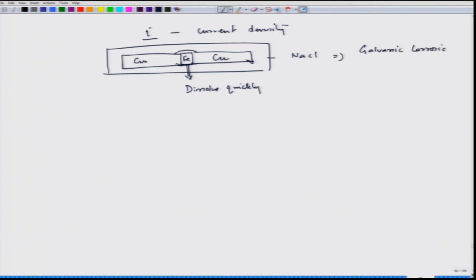And at that time we also considered the area effect. We analyzed that if we have a higher cathodic area in connection to a smaller anodic area, then the dissolution of the anodic area would be faster than in a situation where the anodic area is larger than the cathodic area.